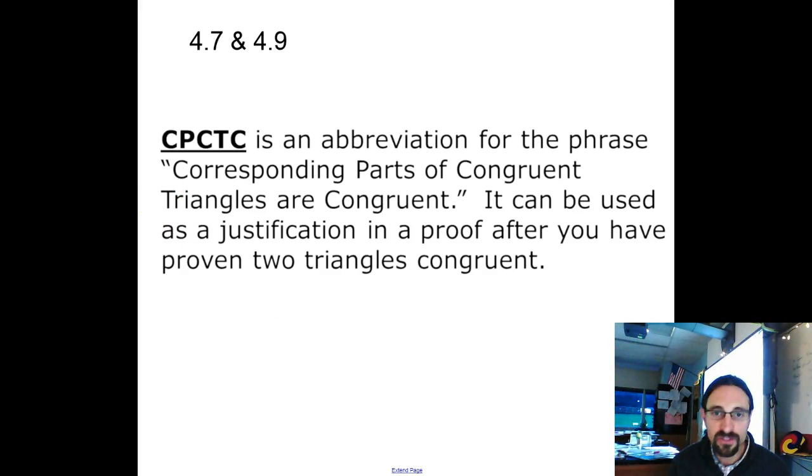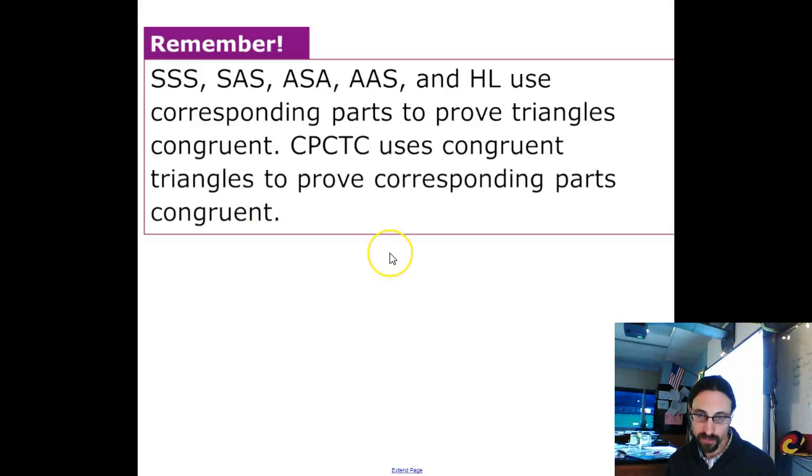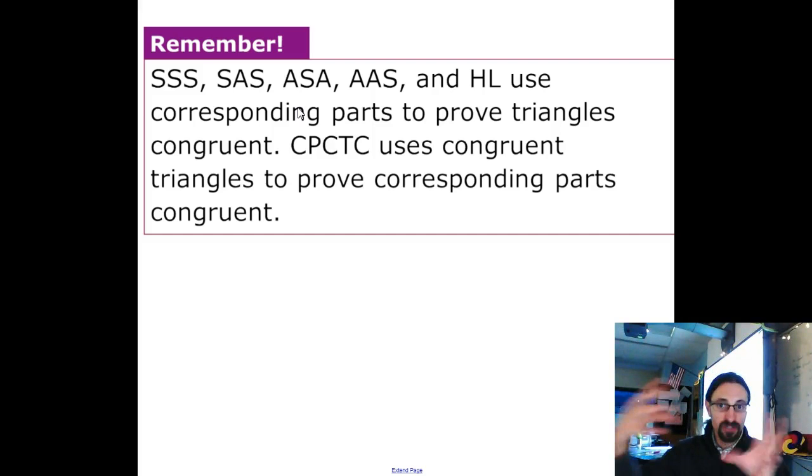So you are going to use those other postulates and theorems, side, side, side, side, angle, side, etc., to prove triangles are congruent. And then once you know that they're congruent, you use CPCTC to say that the parts that you didn't prove have to be congruent too.